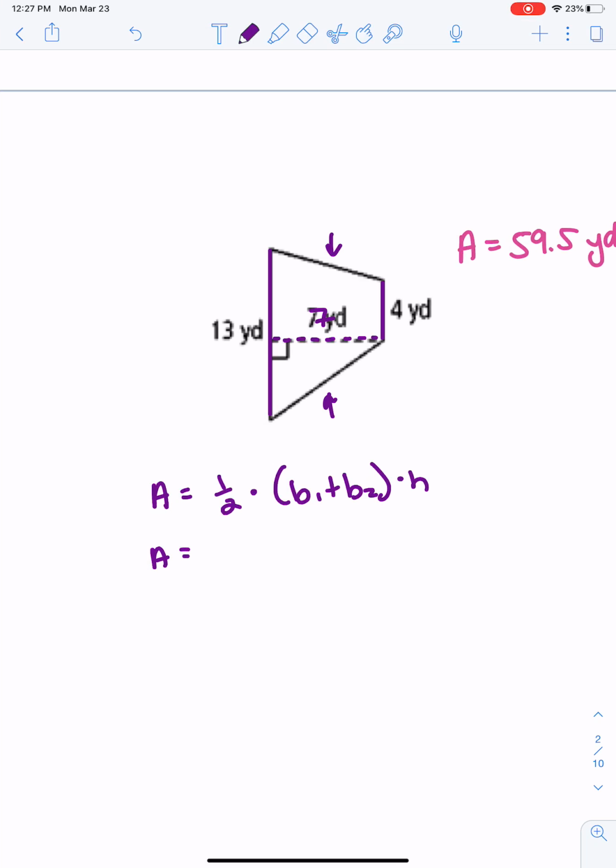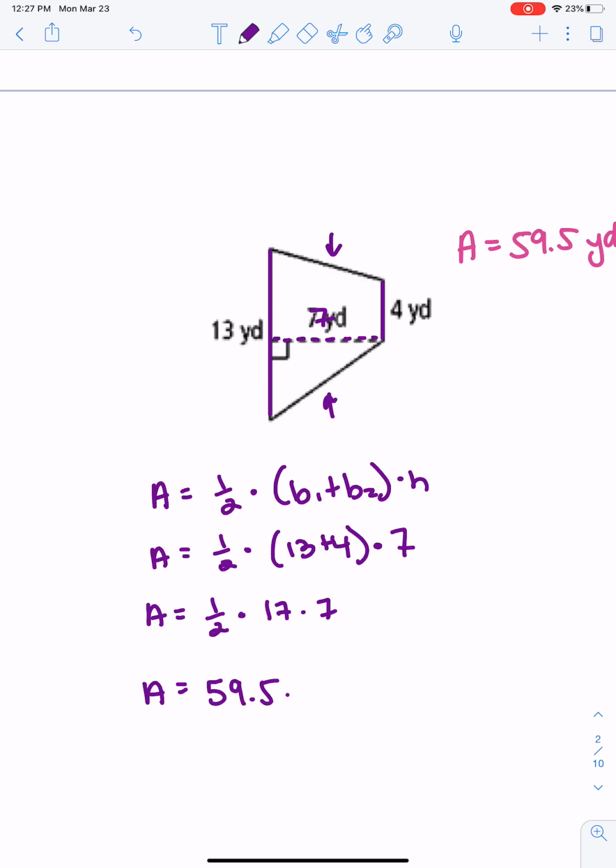So I'll do 1/2 times 13 plus 4 times the 7. And don't forget to do your parentheses first. So that's 17 times 7. Type that all in, or you can do the first two separately, like the 1/2 times the 17 first if you'd like. I'm just typing it all in at once, and I got 59.5. Unit would be yards squared. Woohoo! Got it right.